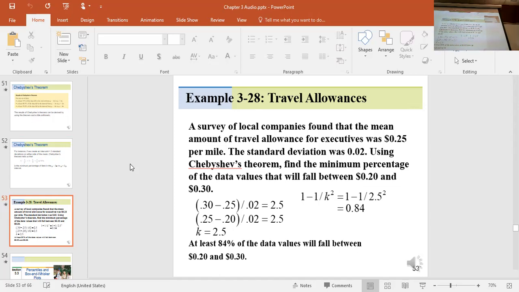We'll do some mathematics here. So look at what will happen here. We say we want to find the minimum percentage. That minimum percentage, according to Chebyshev, is 1 minus 1 over k squared. So if we know k, then we can answer this question.